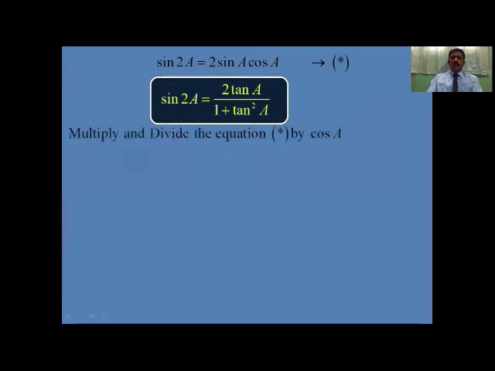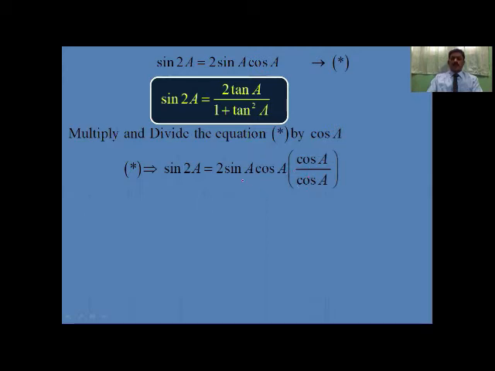How can we get the tan form? To get the tan form in your right hand side, we have to multiply and divide the star equation by cos a. If you do like that, sine 2a equal to 2 sine a cos a into cos a by cos a.